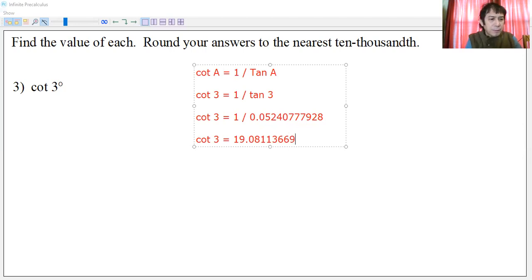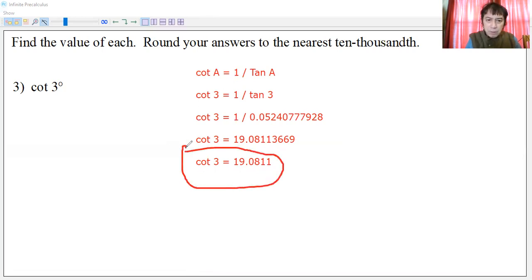And so the final answer, rounded to the nearest 10,000th, will be 19.0811 only, 4 numbers after the decimal point. So this is our final answer for the cotangent. Let's check and verify. There, 19.0811. You can find the answer over there.